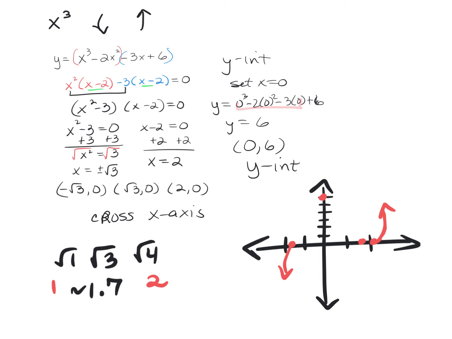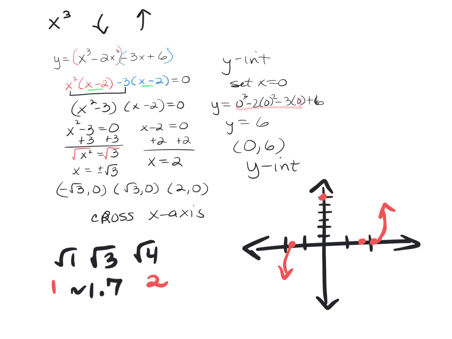Okay, so now we need to figure out how this graph is going to go. Now, when you're using your graphing utility, you can figure out additional points in between the zeros. However, you can also use synthetic division and use your remainder theorem to get additional points.